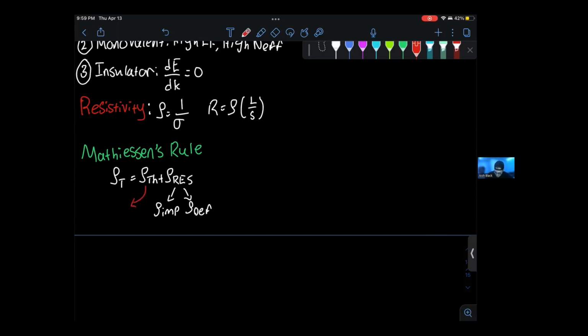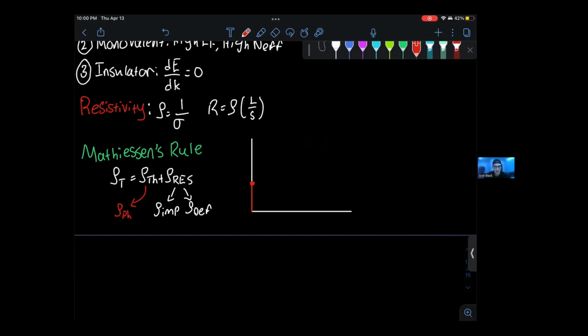The thermal resistivity here is due to phonons, which we'll get to a little bit later. We're going to take a look at what the resistivity due to impurities and defects looks like a little bit later. But let's look at what our thermal resistivity looks like. So we know that we're going to have some residual resistivity.